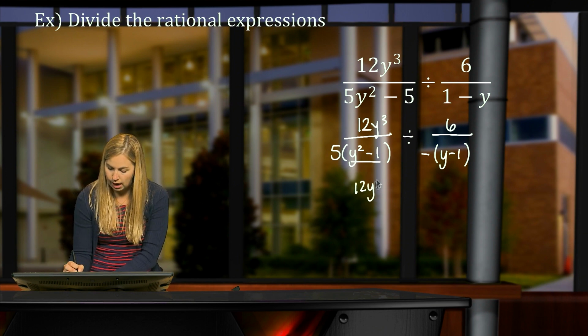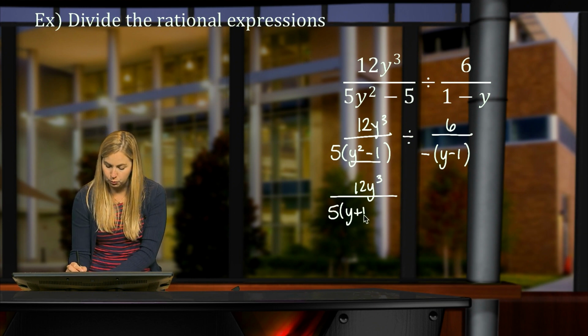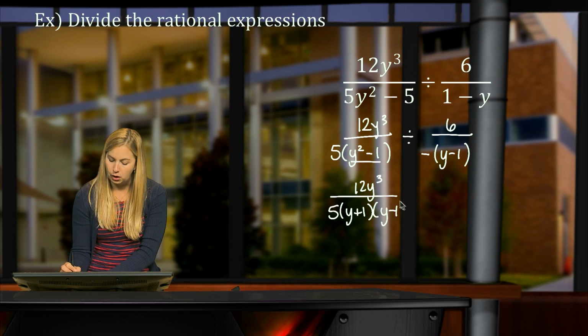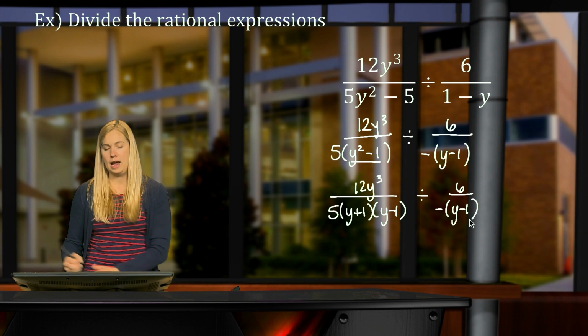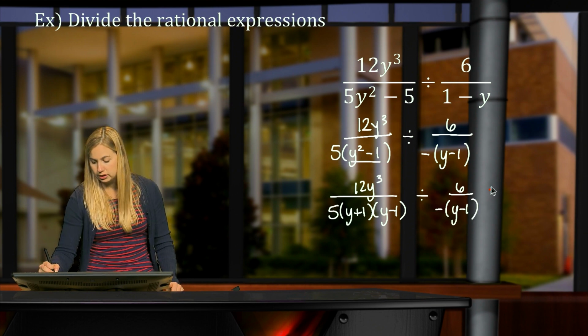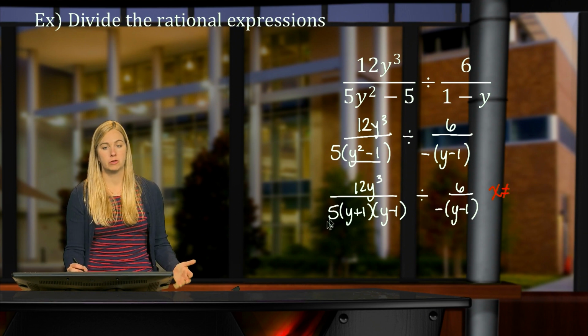So 12y cubed divided by 5. Y squared minus 1 is that difference of two squares: y plus 1, y minus 1. And now that everything is completely factored, we'll start stating restrictions. Going across the denominator, 5 is not going to provide a restriction.